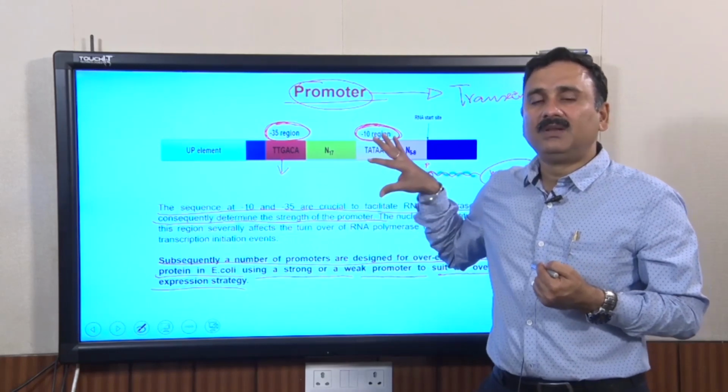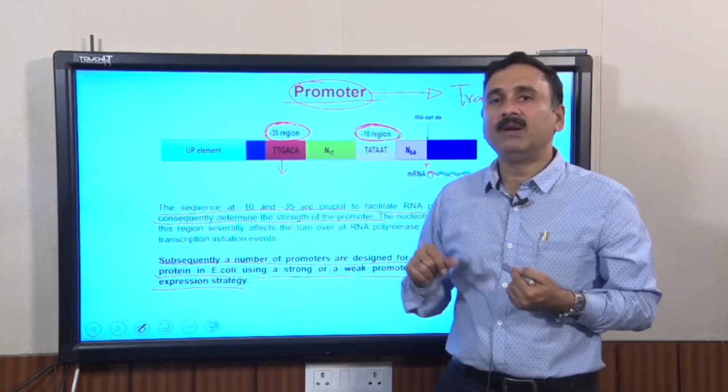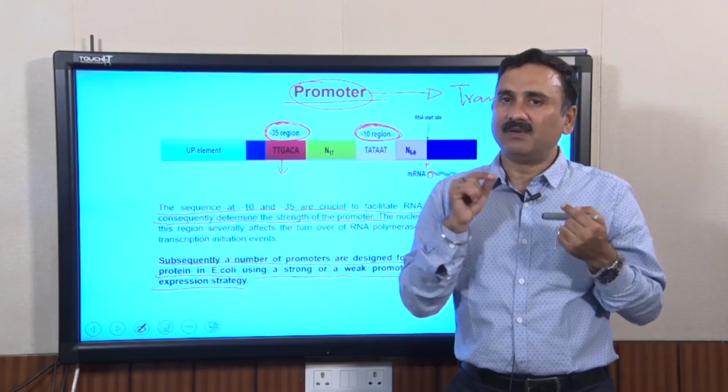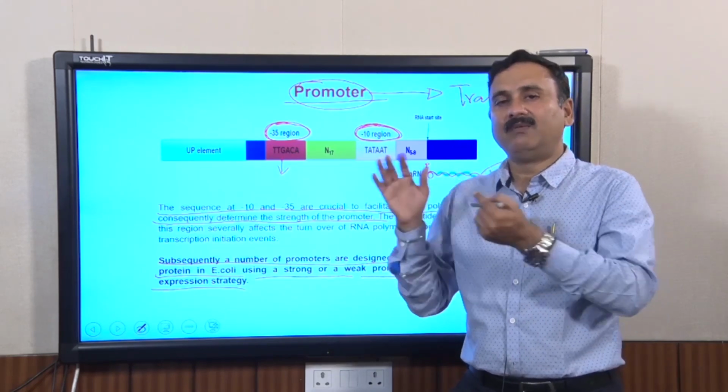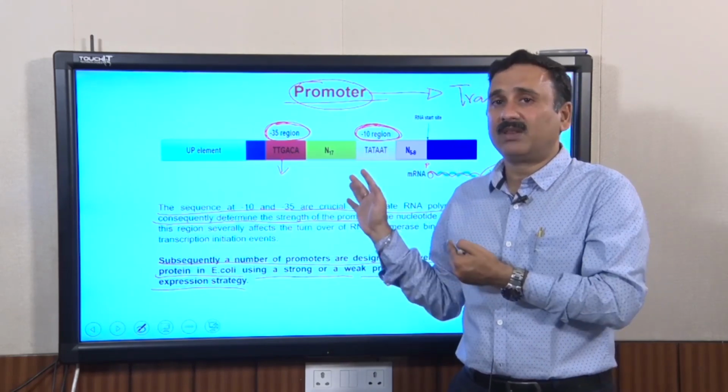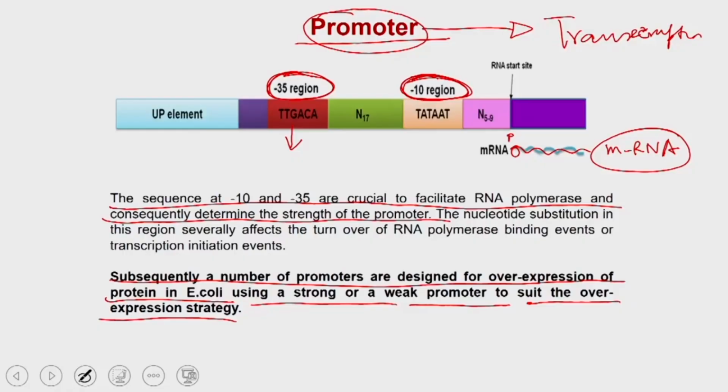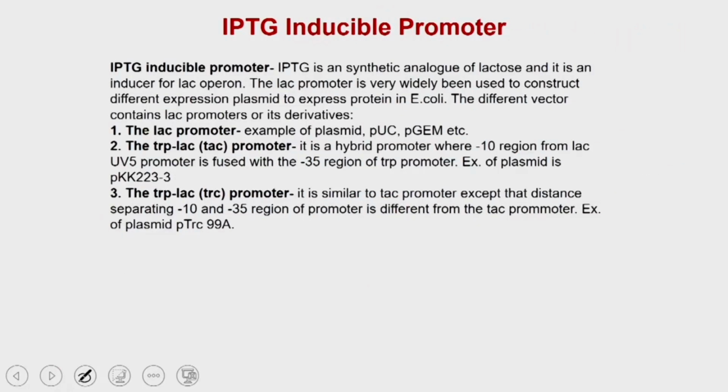Based on these weak or strong promoters, people have developed different types of vectors, and that is how they have developed different types of E. coli expression systems. So, first is the IPTG inducible promoter. IPTG is a synthetic analog of lactose.